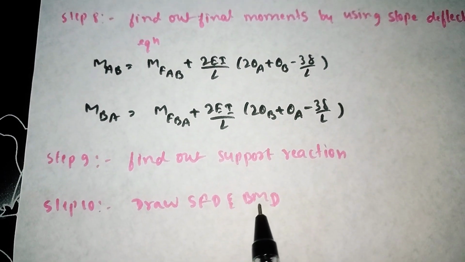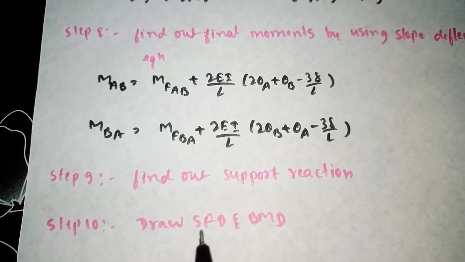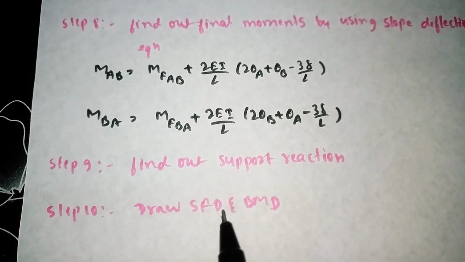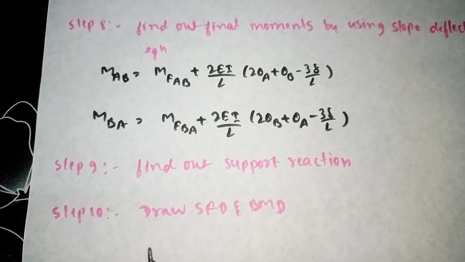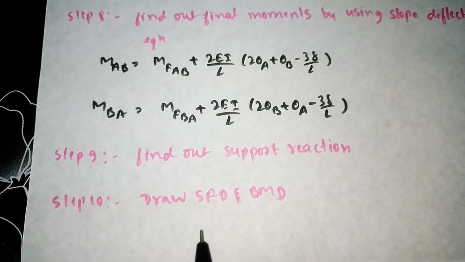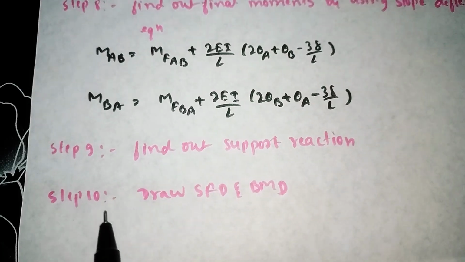We draw the BMD by using the final moment values, and the SFD by using the support reactions. So when they ask to draw the SFD and BMD, we need to solve up to step 10.